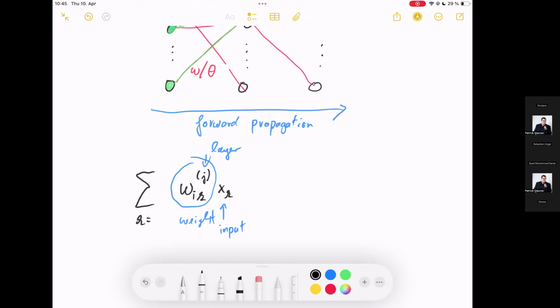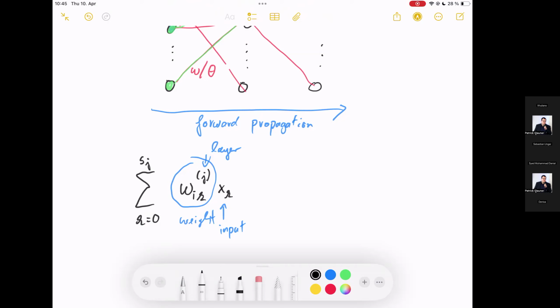For example, from index k is 0 up to sj, where sj means how many units I actually have in the previous layer. I have these corresponding weights, multiply each of them with the input and sum that together.